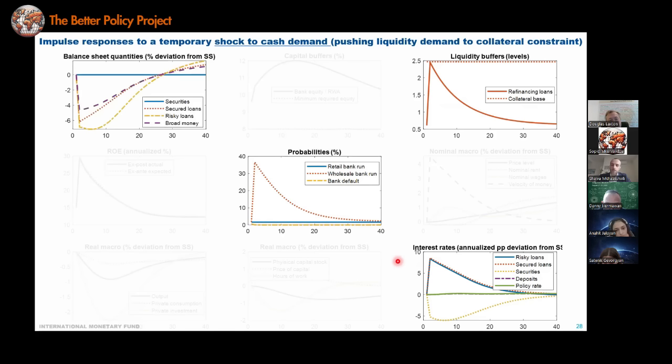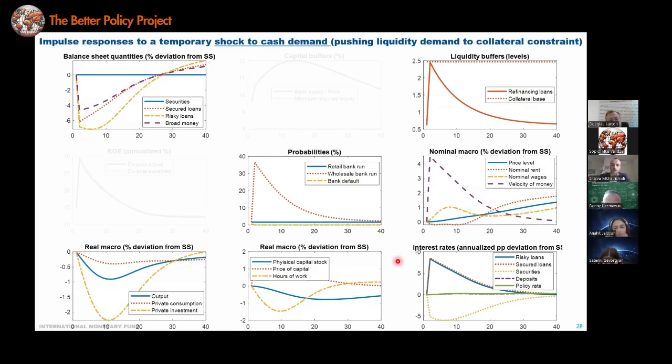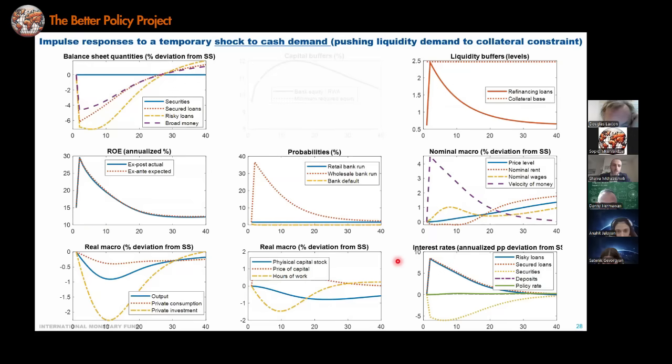Because of this shoot up in lending interest rates, lending volumes decline naturally, and then broad money creation declines as a result of the deleveraging, which means that the real economy side also gets hit, output declines, and so on. But here, because banks increase their interest rate, their return on equity increases as well.